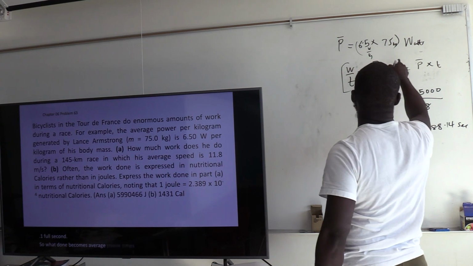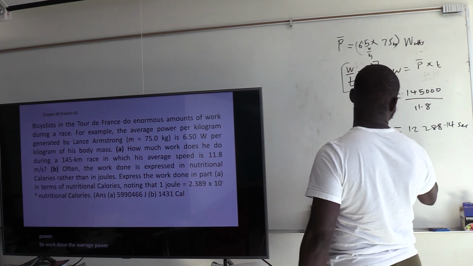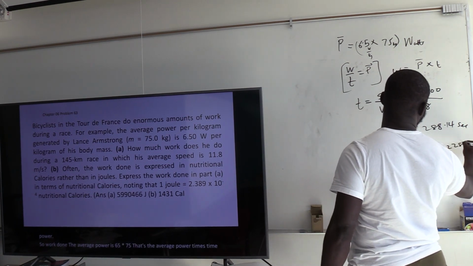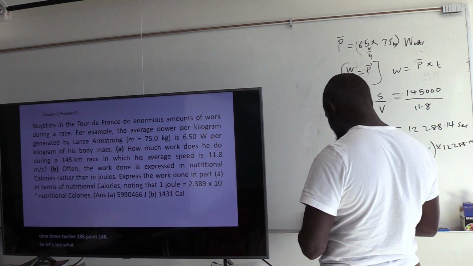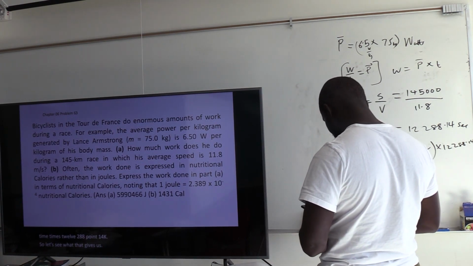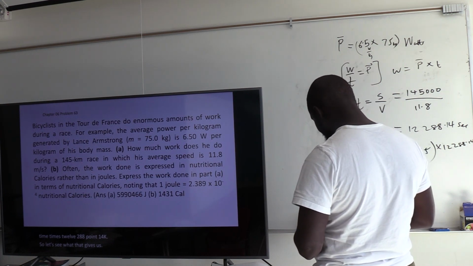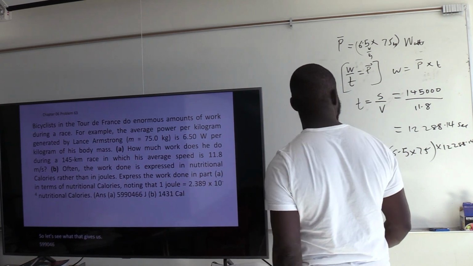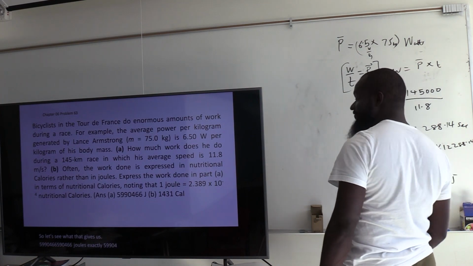The average power is 6.5 times 75, times 12,288.14. So let's see what that gives us: 5,990,466 joules, exactly what we have there.